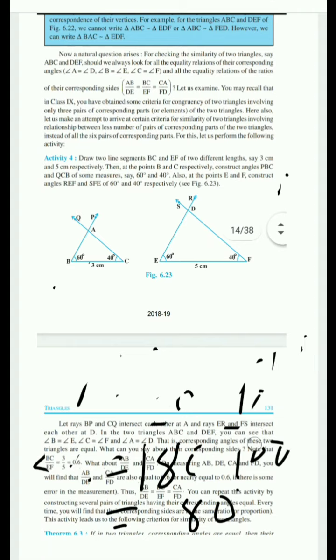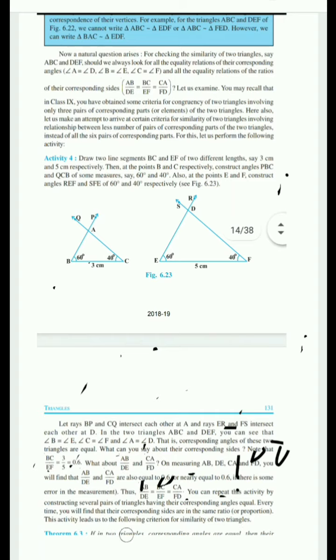Now we are talking about sides. They did not give us any side; they gave only one side, one is 3 centimeter and another is 5 centimeter. So we can prove it similar.